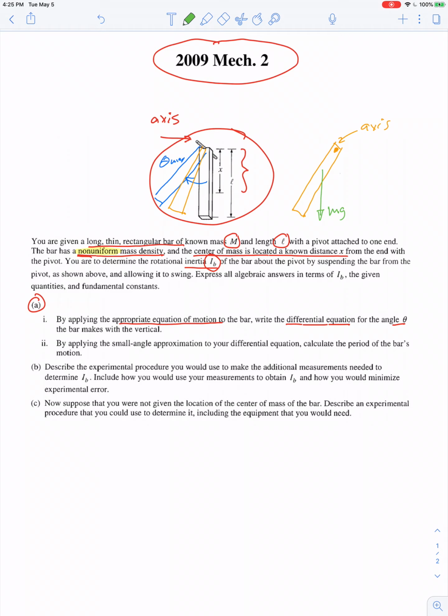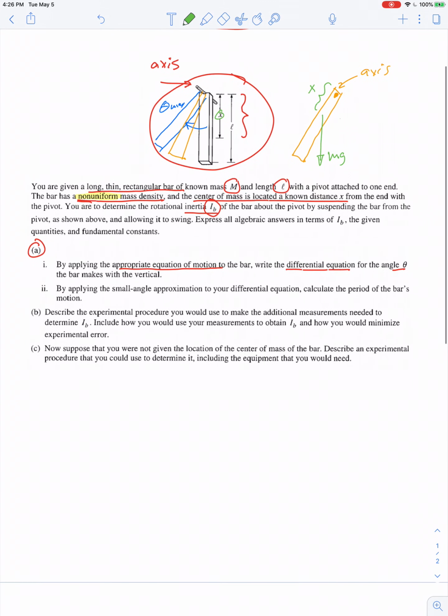So that's mg, and then the distance to that center of mass is a distance of x, as described in this problem. So the differential equation follows from Newton's second law for rotation. That's the one that tells us that the net torque is equal to the rotational inertia times angular acceleration.